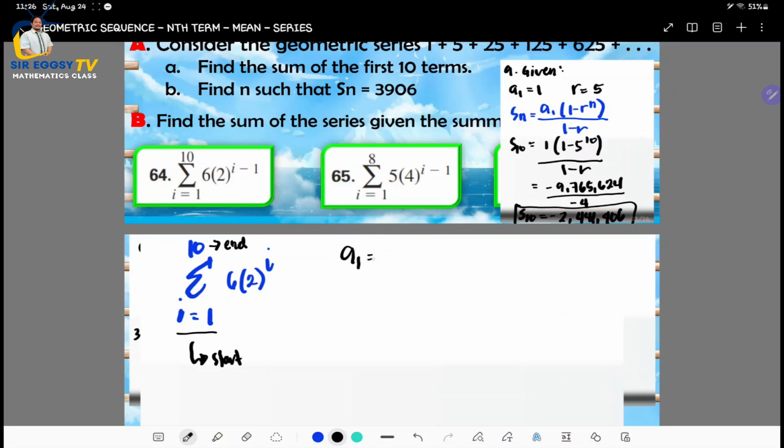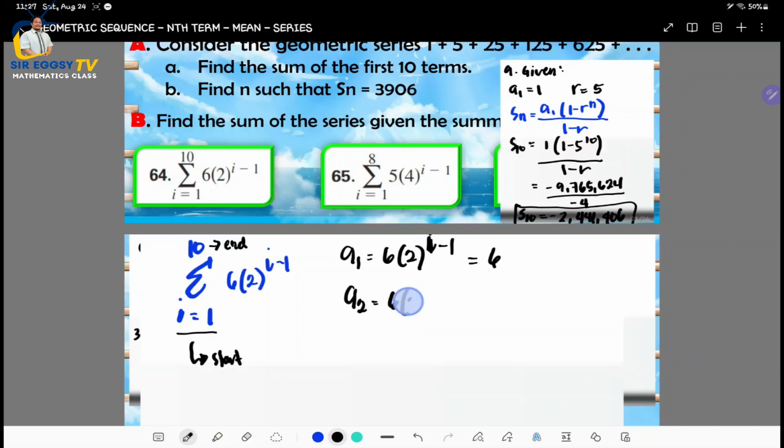So you have 6 times 2 raised to i minus 1. So it means your first term will be 6 times 2 raised to i minus 1. Okay. So when i is 1, that is 1 minus 1, and 1 minus 1 is 0, no? So this will be equal to 6, because 2 raised to 0 is 1 and 1 times 6 is 6.